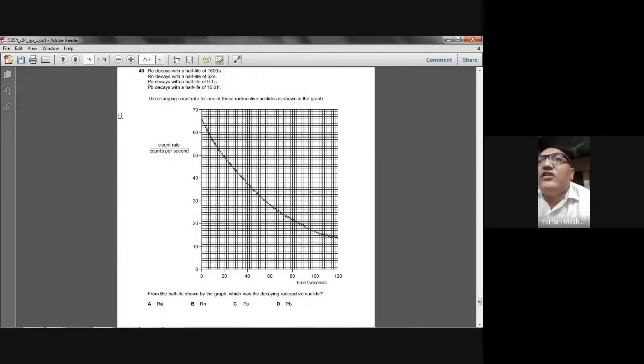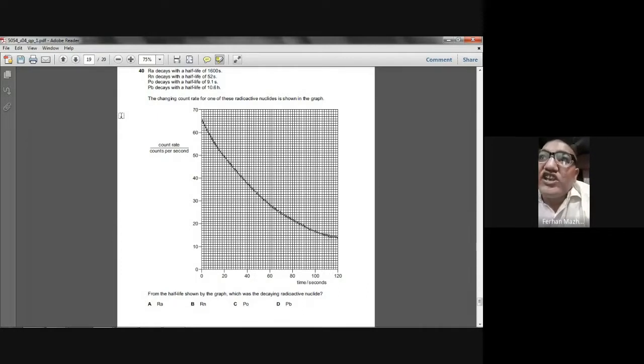He says radon decays with a half-life of 1600 seconds, and Rn, I'm not sure about the name, decays with a half-life of 52 seconds. Po, polonium I think, decays with a half-life of 9.1 seconds. And this symbol is for lead, decays with a half-life of 10.6 hours.